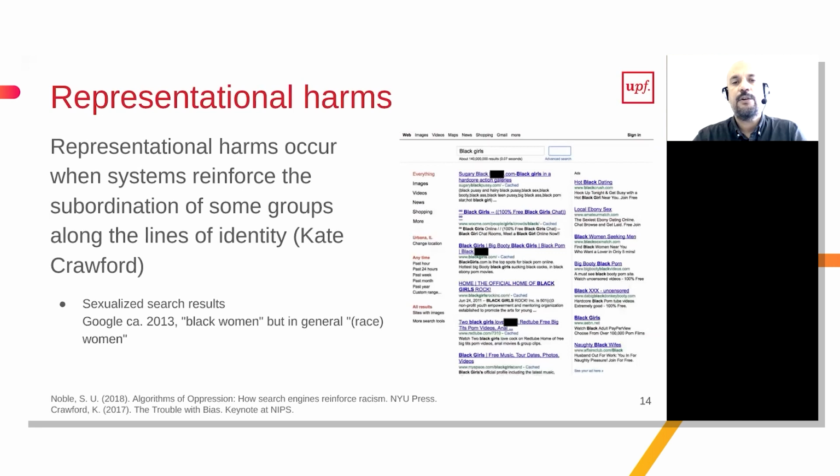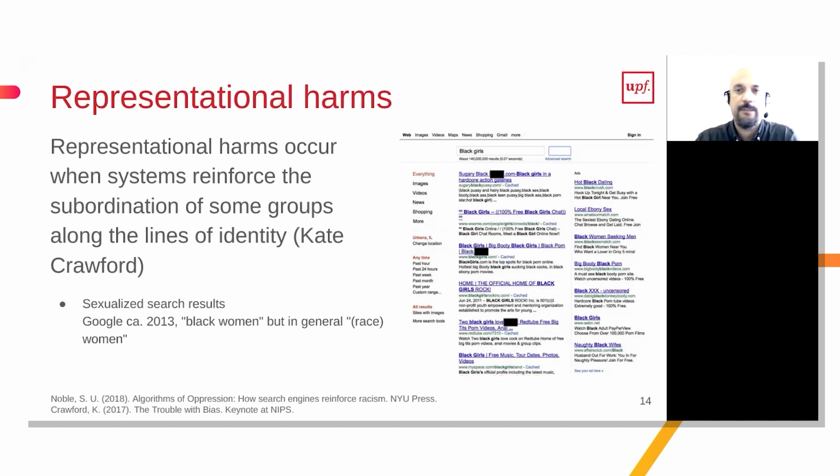Now, let me give you an example of a representational harm. This comes from a book by Safiya Noble in 2018, where she observed that if you search in Google a query such as Black women or Black girls, you will find highly sexualized results. But that doesn't happen if you search for white women or if you search for Dutch women, right?